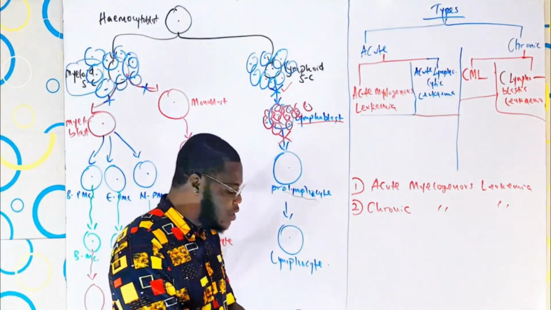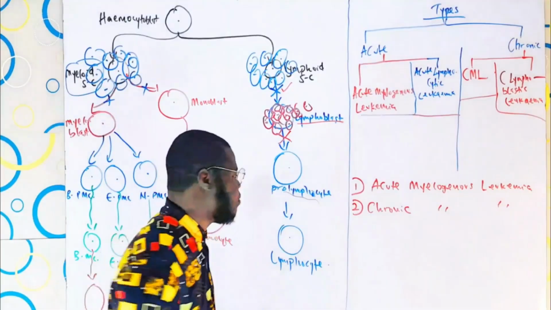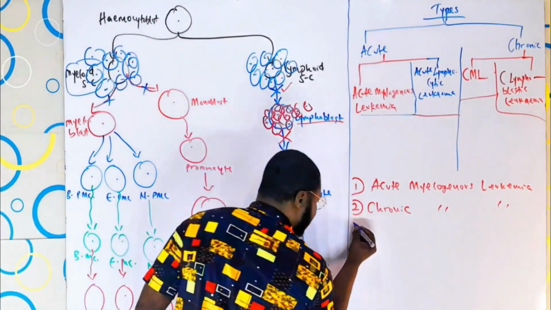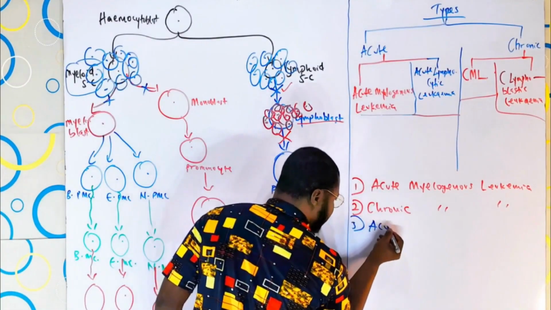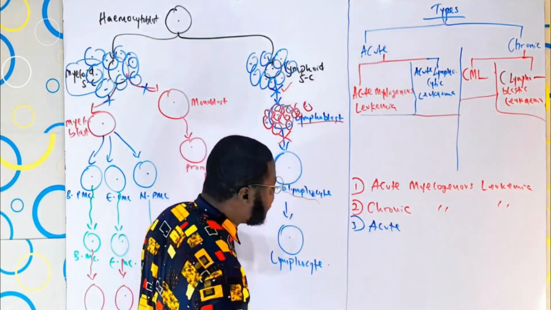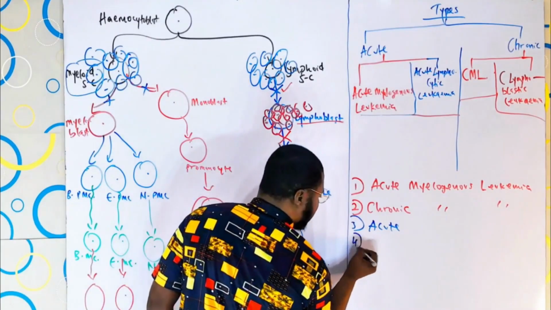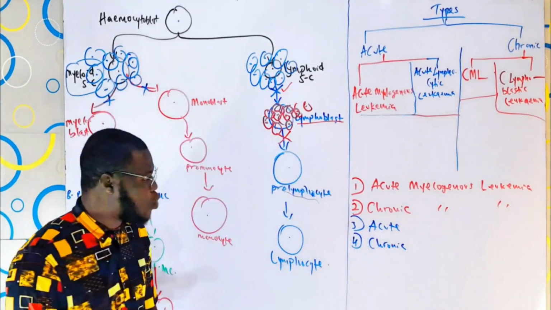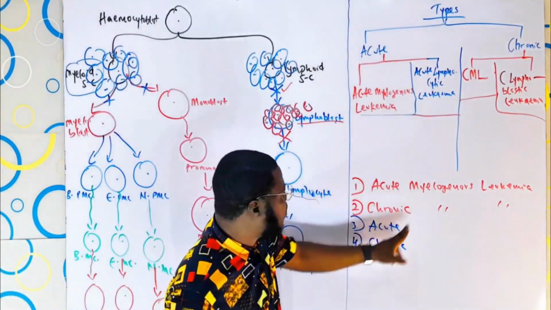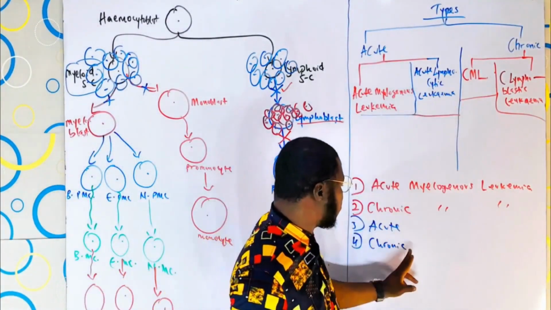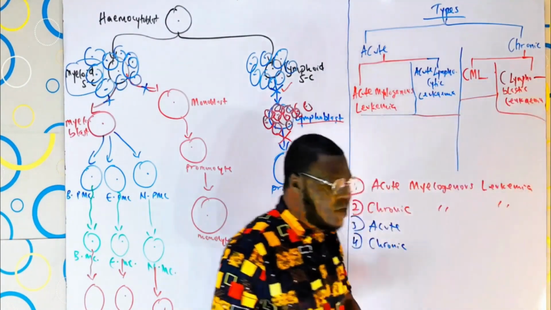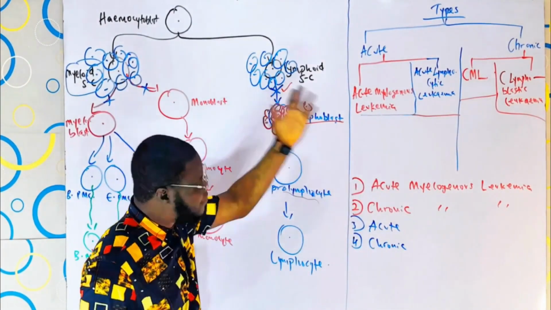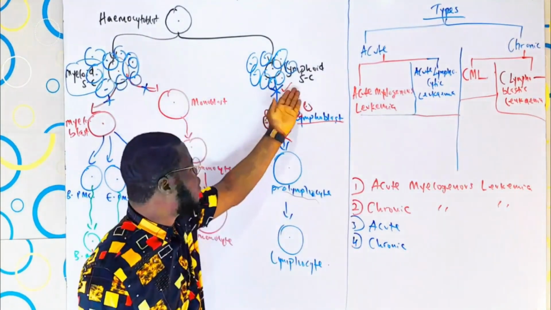The last two are both acute and chronic. The third one is acute again, and I know the fourth one will also be chronic. Now, how do I know whether this is acute lymphocytic or chronic lymphoblastic? If they had the same origination, we would have said acute lymphoid leukemia, chronic lymphoid leukemia.